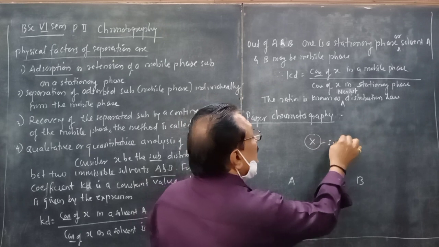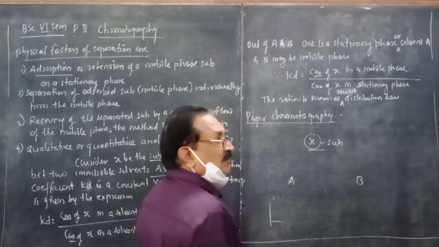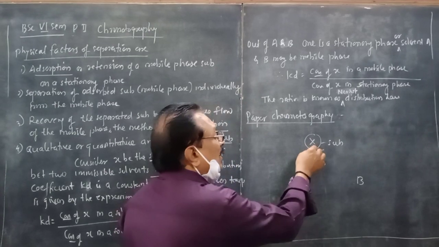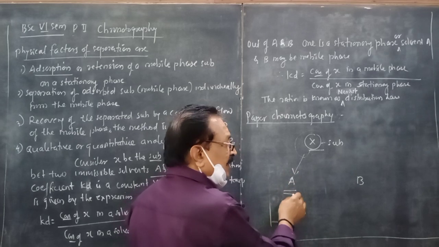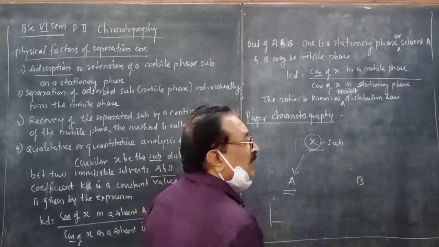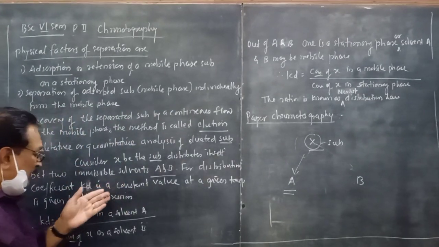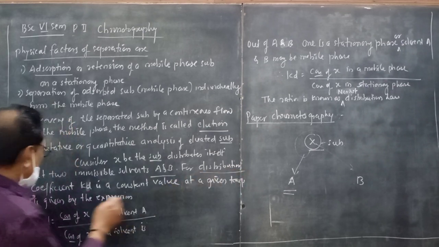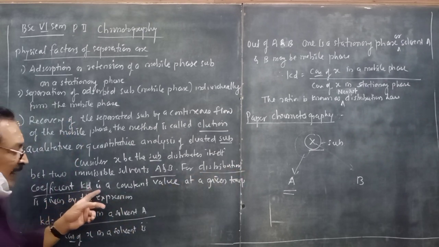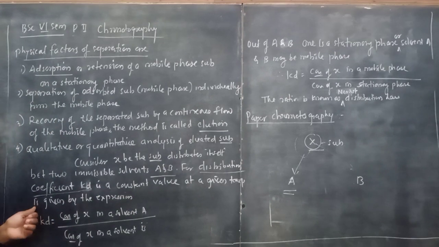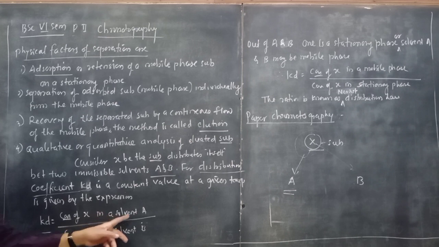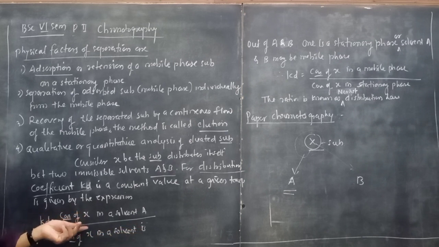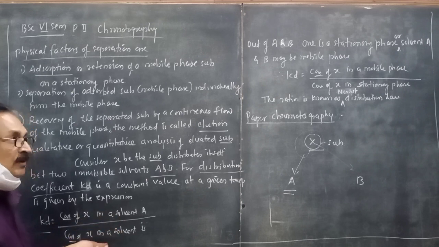When substance X is added to the mixture of A and B, part of X is distributed in A, and part of X is distributed in B.